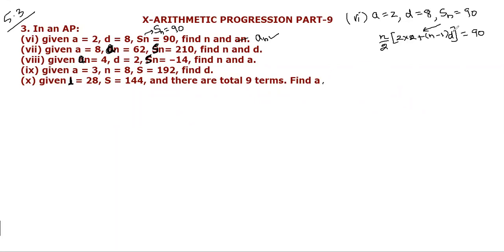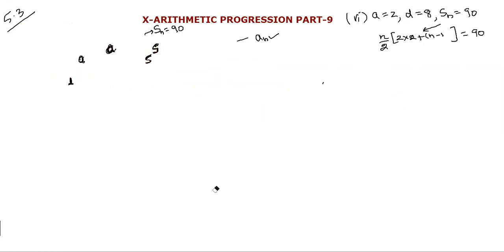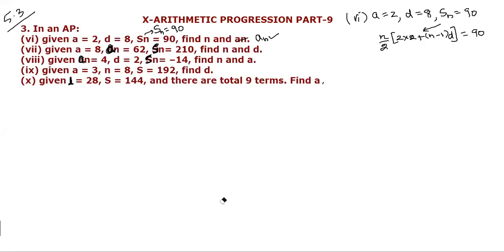d is 8. Here, instead of d, we can put 8. No need of putting d here. So 2 can be multiplied on the right hand side.